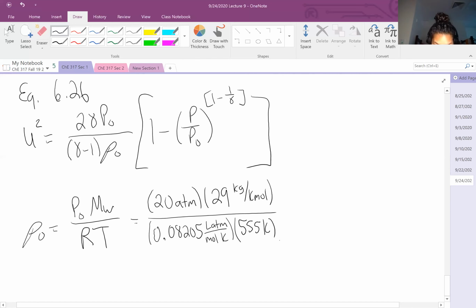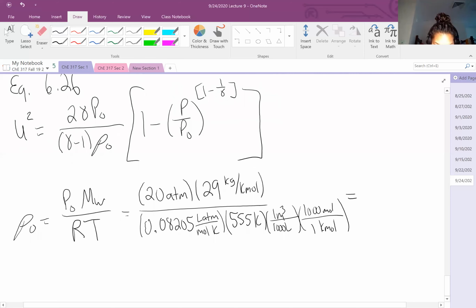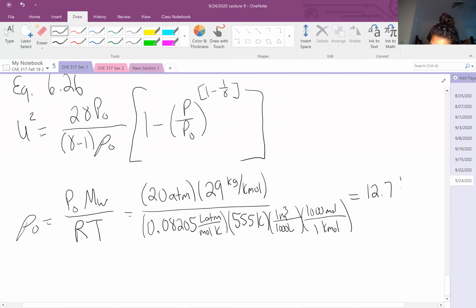The only conversions I have to do are convert liters to cubic meters and moles to kilomoles. So we do this calculation and find that the density of the incoming air is approximately 12.7 kilograms per cubic meter. So with this in hand, we can then solve equation 6.26 for our velocity.